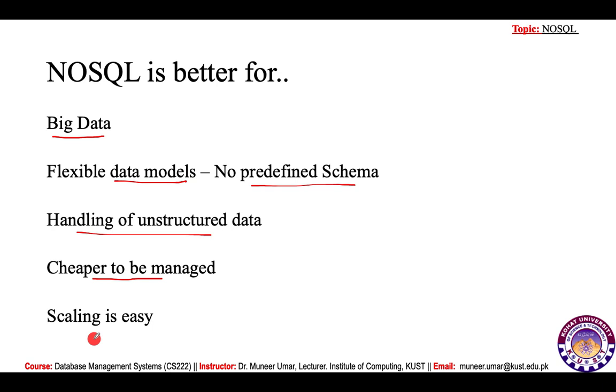Also, scaling. Scaling is a huge advantage of NoSQL. It uses horizontal scaling. We have already studied horizontal and vertical scaling. So NoSQL uses horizontal scaling, while relational databases use vertical scaling.